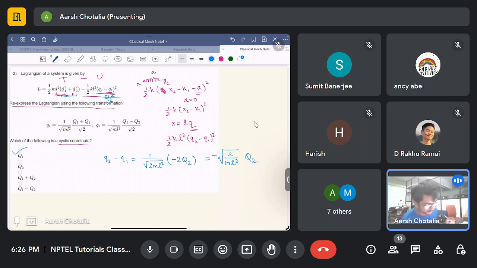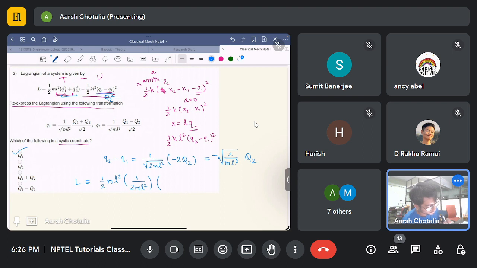And so if we want to formally write, then we can first transform the Lagrangian: half m l square (q1 dot square plus q2 dot square). So both of them will have a factor of 1 by 2 m l square, right?